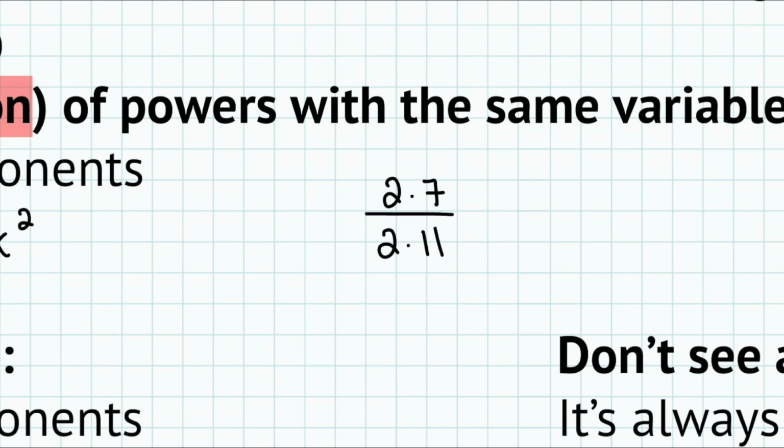What's that word? Yeah, we can cancel it out. You can cancel them out. So everybody, in this case, isn't it true that I could cancel out the 2 from the numerator and the denominator? Isn't that true? Yeah, absolutely. And that's the idea that we're going to play off of when we are dividing by powers.